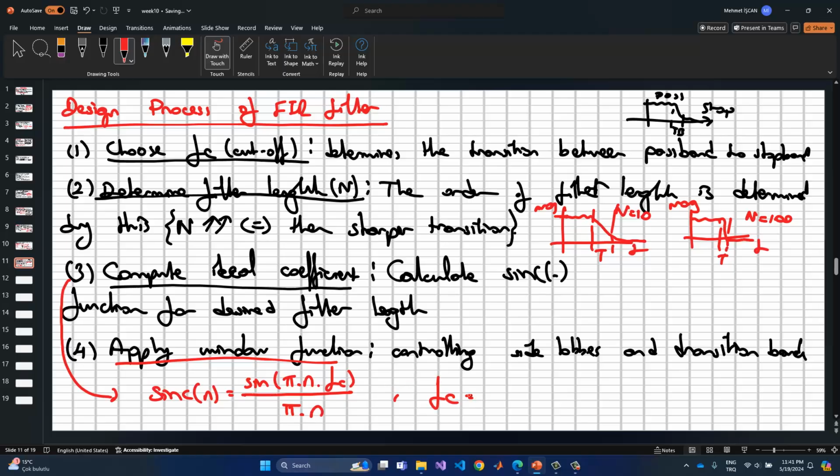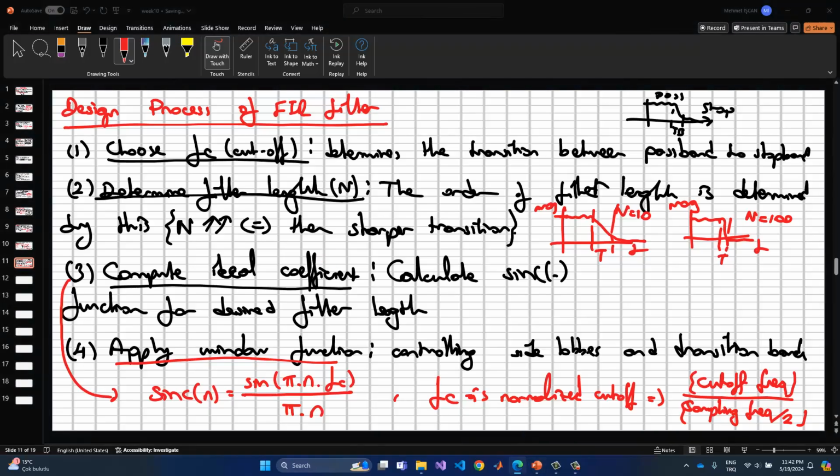Also fc should be the normalized frequency, because the theorem dictates this is the normalized cutoff frequency, which equals the cutoff frequency divided by the sampling frequency divided by 2. This is the Nyquist criteria, and the desired cutoff frequency should be calculated in here. So fc is applied in here because the sinc function is in normalized form in this case. Just remember that this comes from the proof.